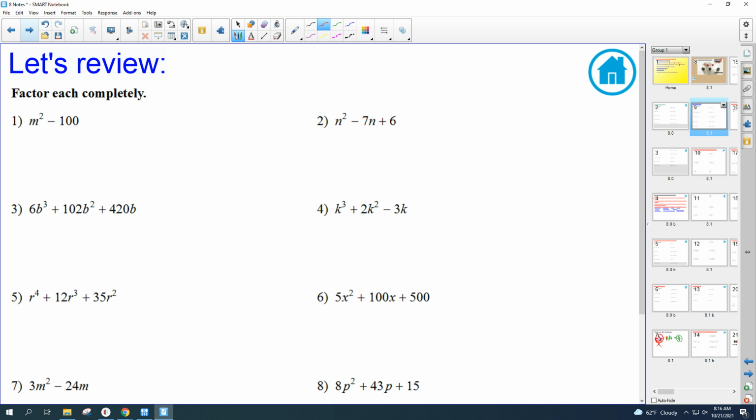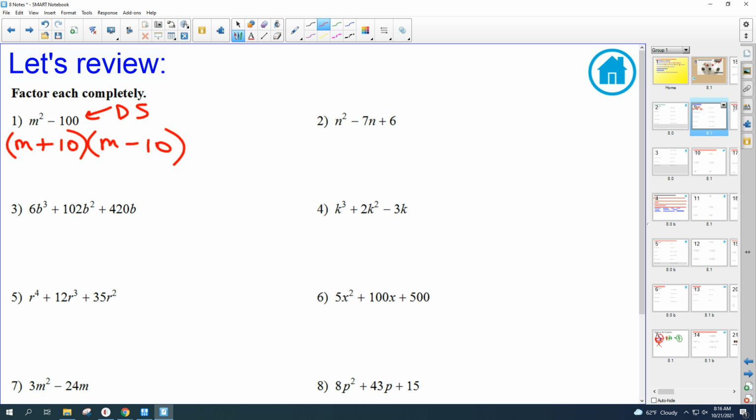So let's review real quick. You've got to know how to factor. Factoring is going to be super important. And remember, identifying what type of problem it is is super important. So I'm not going to do a whole bunch of these, but let's do a few. This first problem is difference of squares. The square root of 100 is 10. And so we know that factors into m plus 10 and m minus 10.